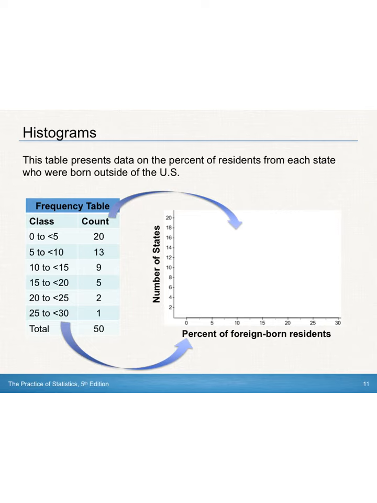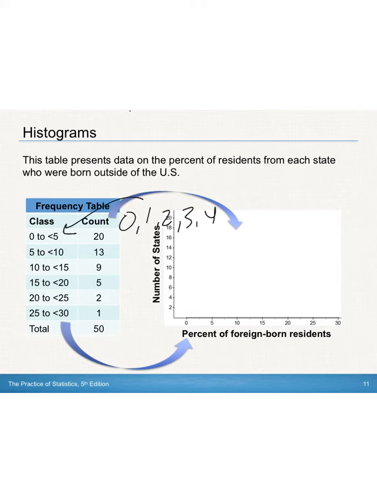So here you can go ahead and figure out what you would do with this, but they've already figured out what the classes are. They decided from 0 to 5, but it's not 0 to 5, it's 0 then less than 5. So what would go into this count are the percent of foreign born that's 0, 0, 1, 2, 3, and 4 right here.